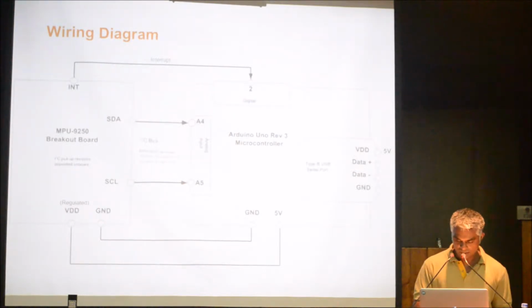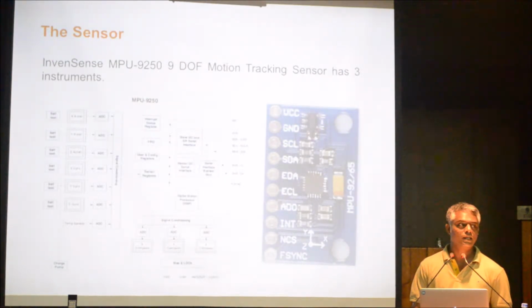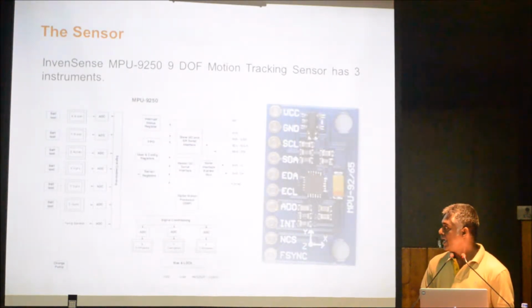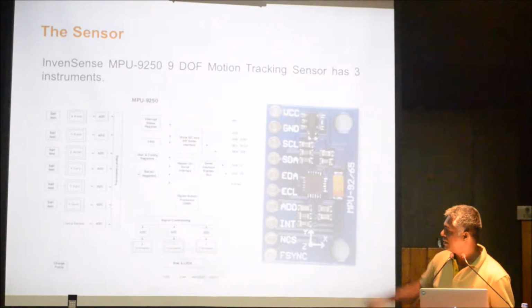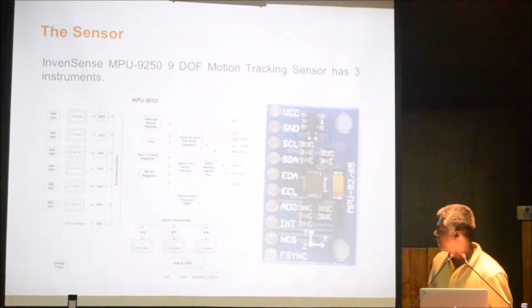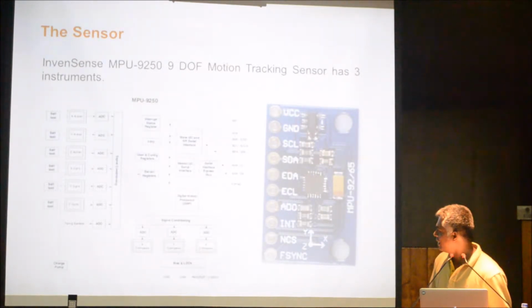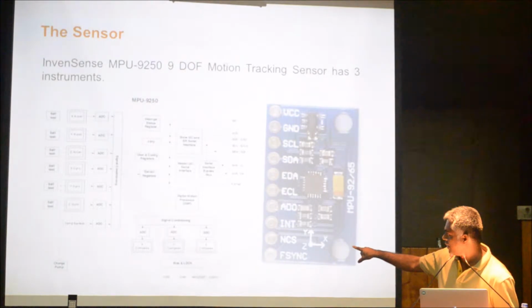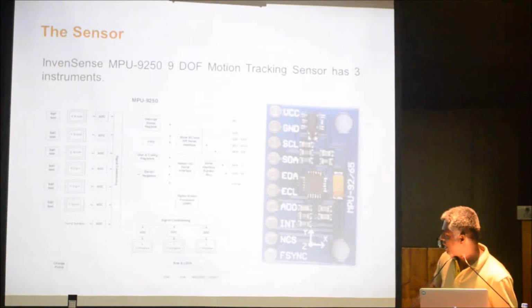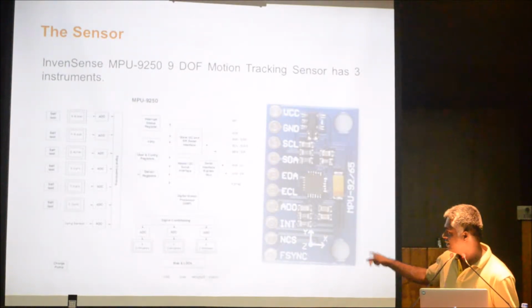So now let's look at the sensor in detail. As I said, this is a 9 degrees of freedom sensor, and on the left side I have shown you the X, Y, Z inputs of the gyro and the accelerometer, and then we have the magnetometer, which feeds in the compass XYZ details into the signal conditioning.